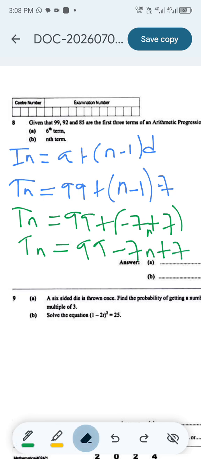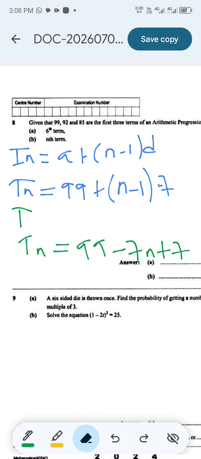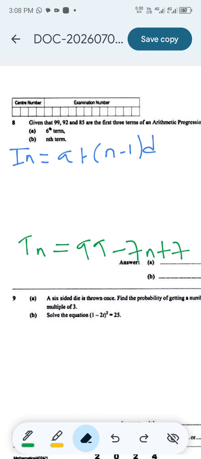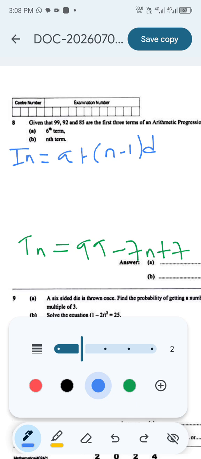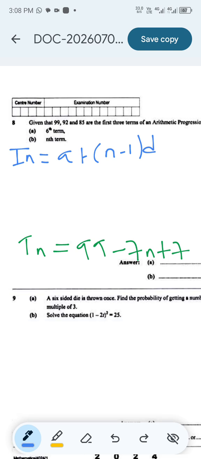Now let me make some space. Where we have reached, we are supposed to finish the expression. We have constants here, so we can add 99 and 7. 99 plus 1 is 100, plus the 6, that's 106.